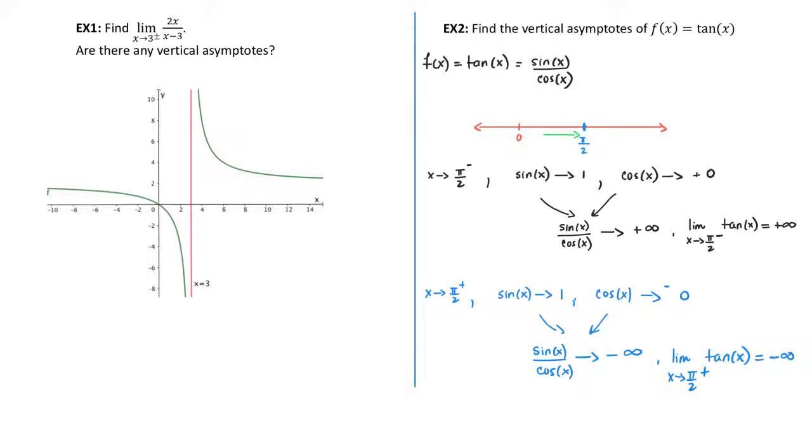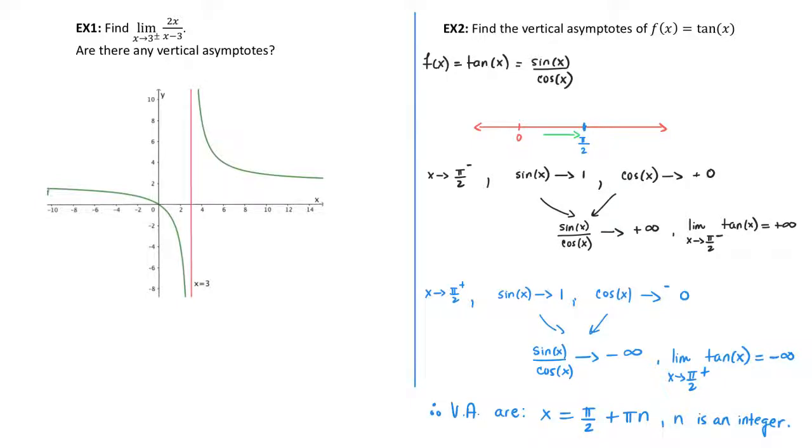Pi over 2 plus pi n are the many, many vertical asymptotes of tangent. So we will conclude that the vertical asymptotes are x equals pi over 2 plus pi n, where n is an integer.